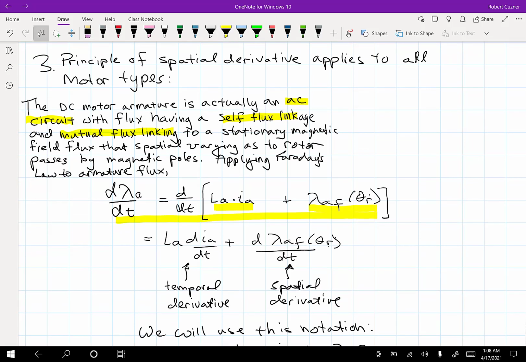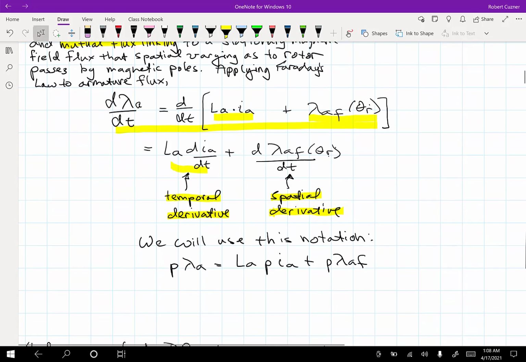And so if you carry out this derivative, you're going to see the normal L di/dt temporal derivative term, but there will also be a derivative of the flux linkage, and that derivative occurs because of spatial variations, the movement of the rotor with respect to time. And we'll use this notation here, the Heaviside P operator, instead of d/dt. So we're going to say P is d/dt here.